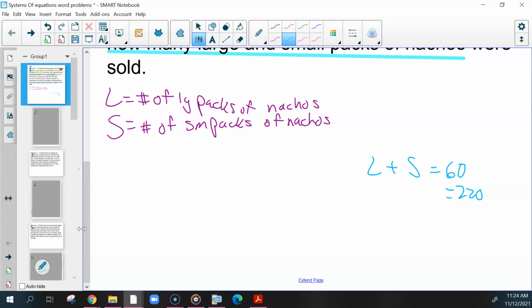How much do the large nachos cost? 5. So we're going to multiply 5 times L. Plus 3 times S. If we knew the number of nachos and we know their costs, then multiply those together, the number of large nachos and its cost, and the number of small nachos and its cost, and then add those two together, we would get the total cost.